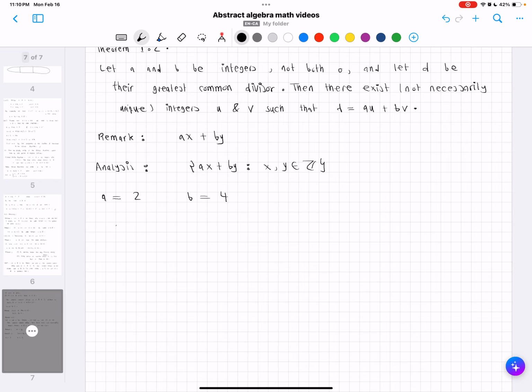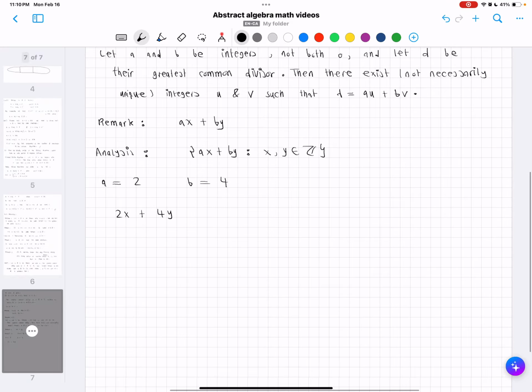If we take 2x plus 4y, we can see that all the possible jumps of 2x and 4y can be captured by the GCD of a and b, which is 2, because that would be, for instance, 6. So all the possible evens, right?